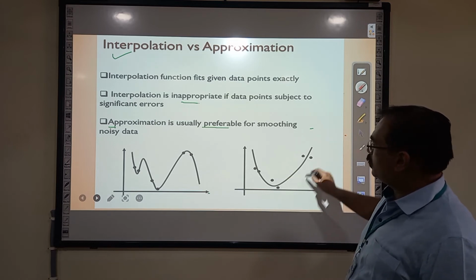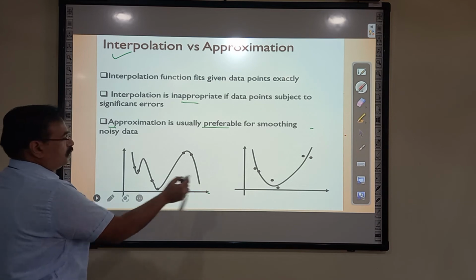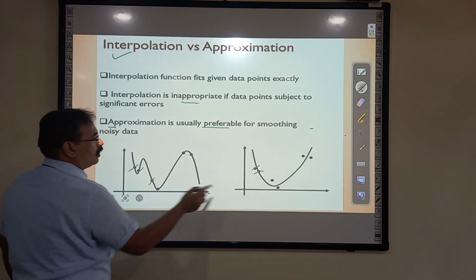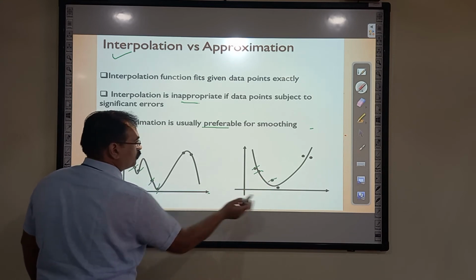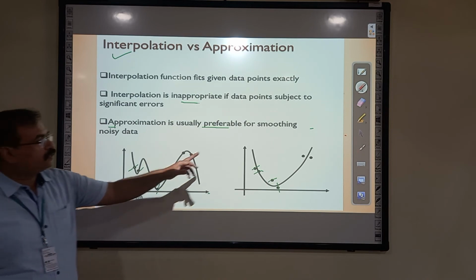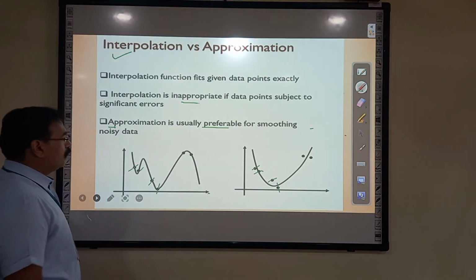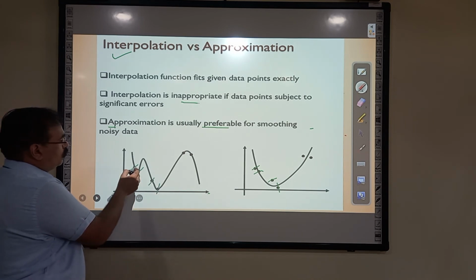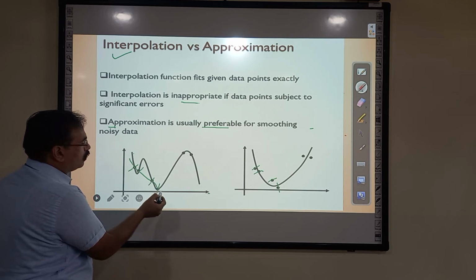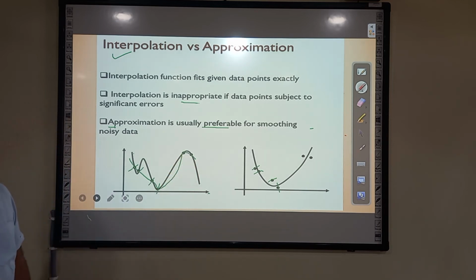So here you can see that the points are the same, but the curves which are defined are absolutely different. Okay, it's a waveform and it's a simple parabolic form. So that's the difference between these two. So here also I can draw this kind of curve with this.